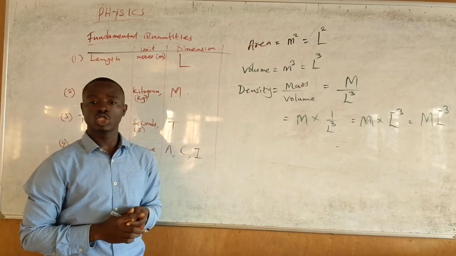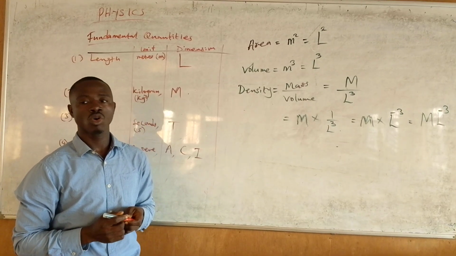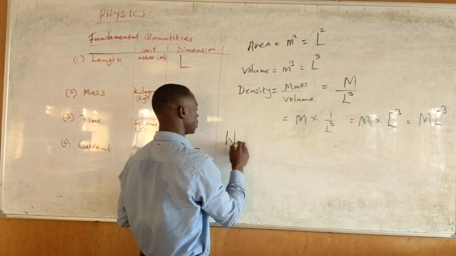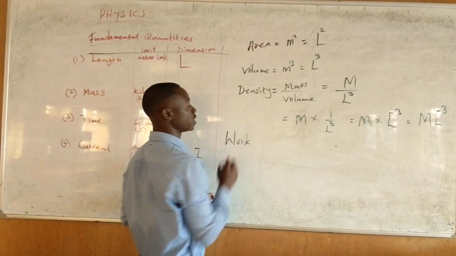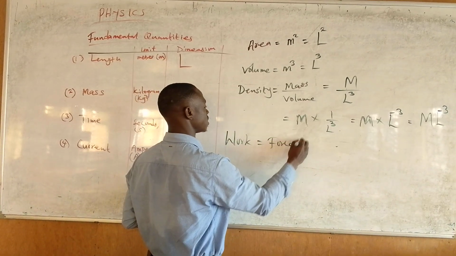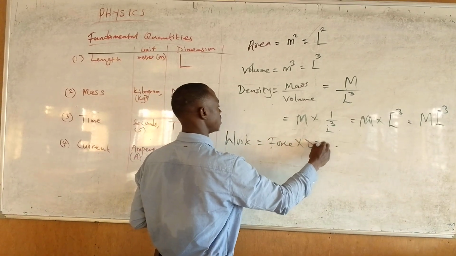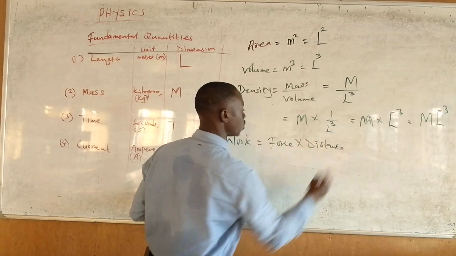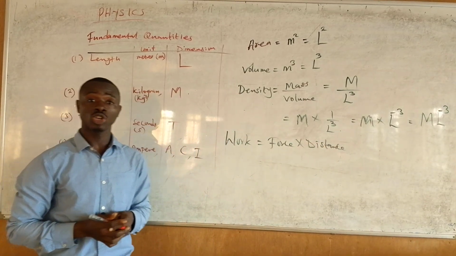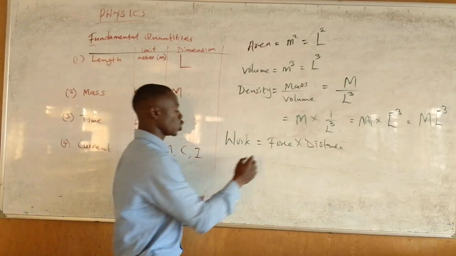Now we move to work. What is the dimension for work? You also get the dimension for work from the formula. What's the formula for work? Work is force times distance. You must be well acquainted with the formulas for each of these physical quantities.